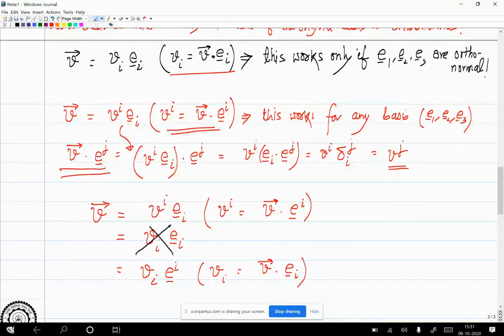With dual basis, you can write exactly as if it were the ordinary basis. So the indicial notation works perfectly.